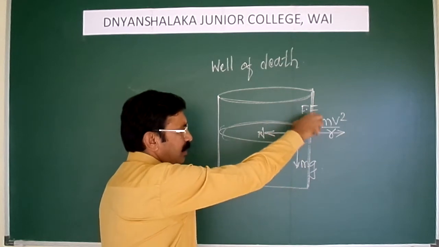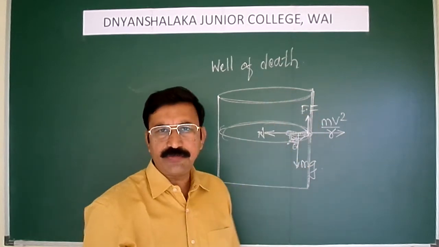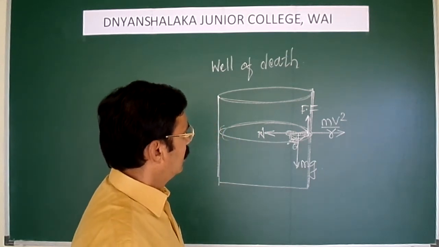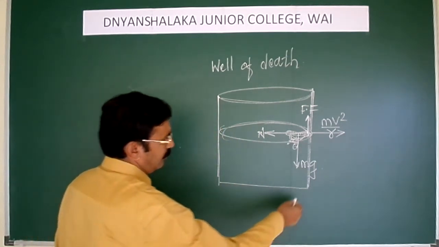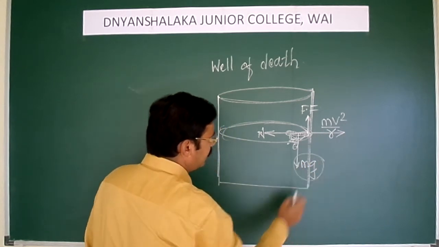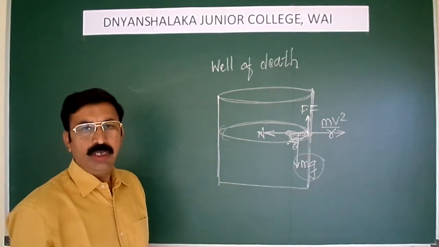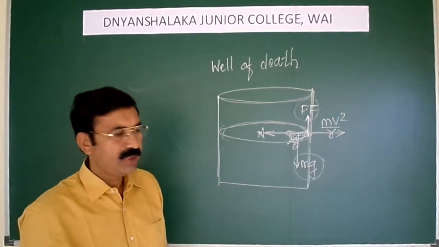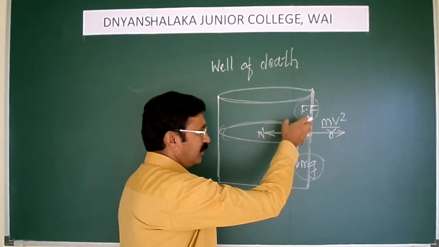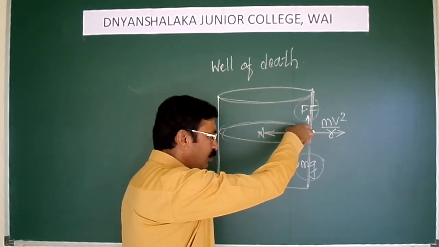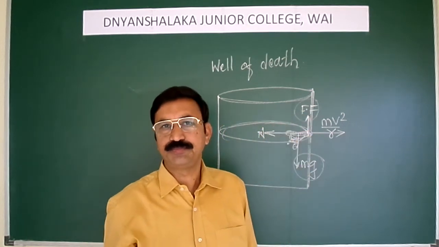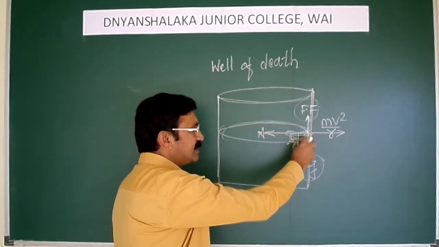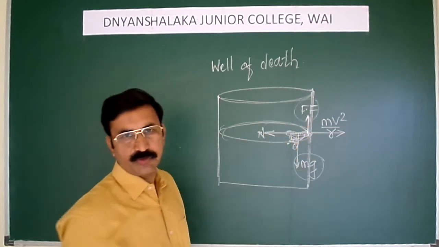So if we resolve all these forces in equilibrium condition, here we see that the weight mg, if it is more than the frictional force, then this motorcycle is going to fall down, because the weight of this particular system is more than the frictional force.